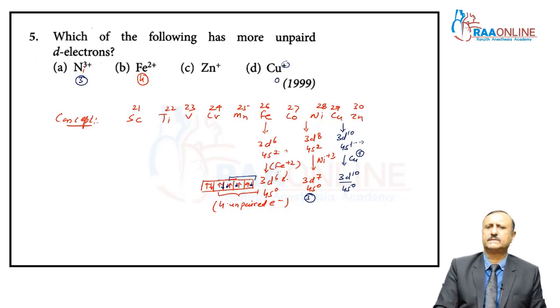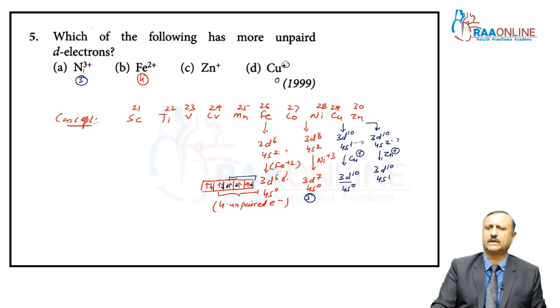Now we can see here, my dear students, zinc. The zinc electronic configuration is 3d10 and 4s2, and when only one electron is removed, the configuration becomes 3d10 and 4s1, because one electron is removed from the 4s2 orbital.